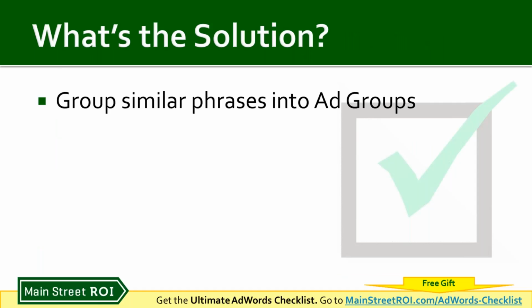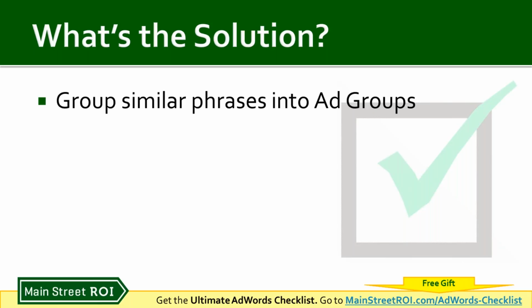So the solution here, it really comes down to account structure. As I just mentioned, you want to have a high quality score, and one of the factors is ad relevance. And for your ads to be relevant for your keywords, you have to group them together properly. And you do that by grouping similar phrases into what are called ad groups.